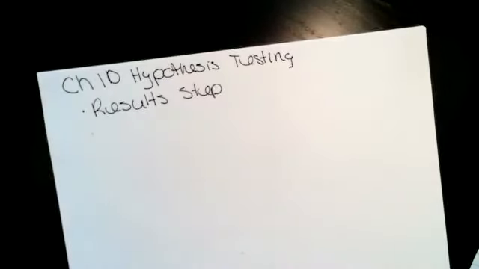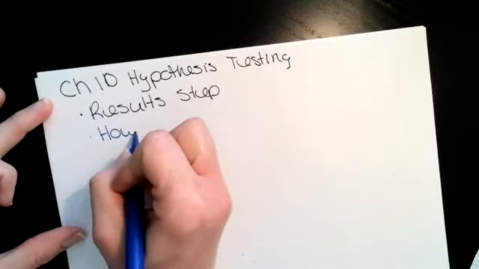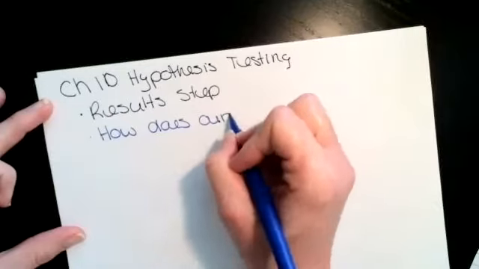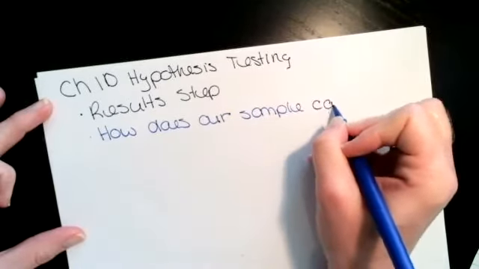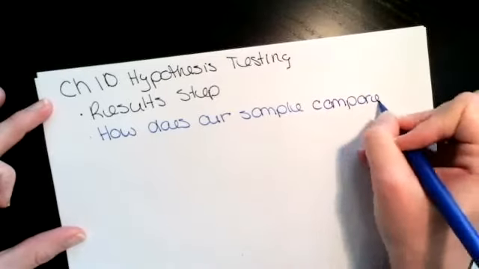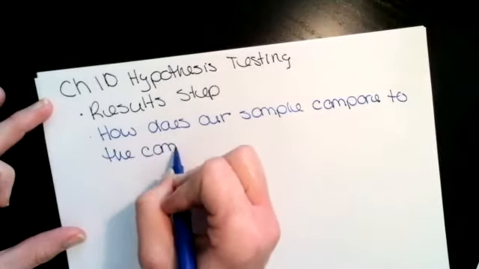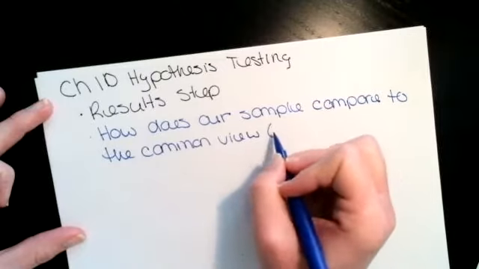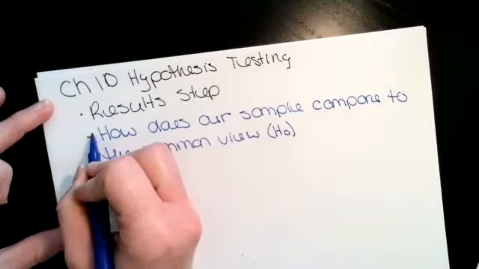For this results step, what we're looking at is how does our sample compare to the common view? And remember that common view is our null hypothesis. So that's what we're looking at.